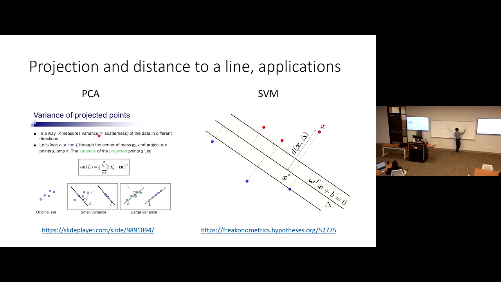If you do this for all the data points projected on here, you get new coordinates for all the data points onto here. And if you put them together, you will see they're longer than their original.